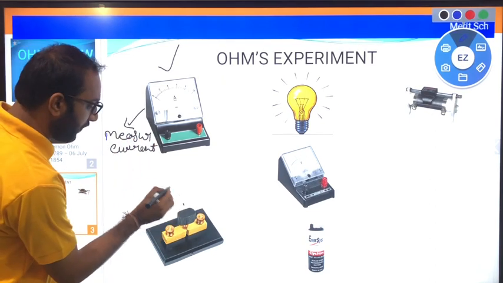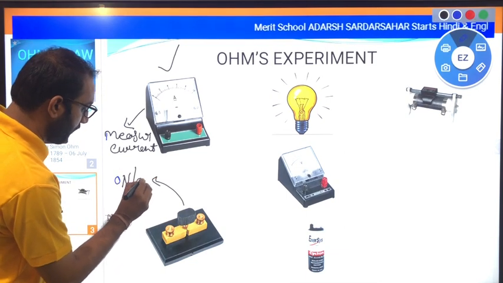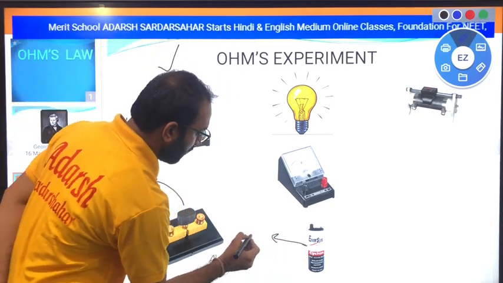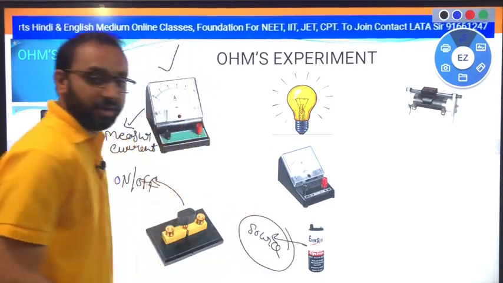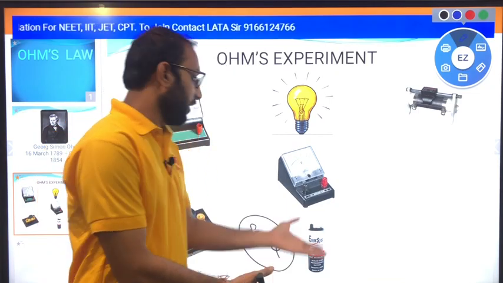What is the use of the key? On and off. And what is the battery used for? It is a source. It provides electric energy in the circuit.